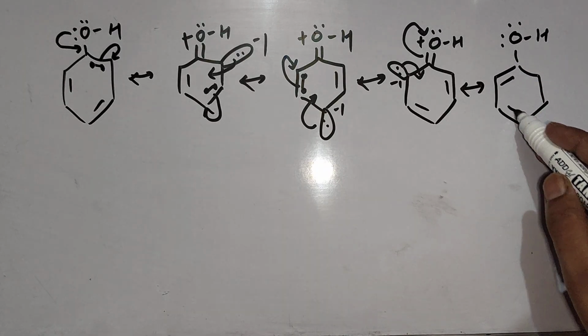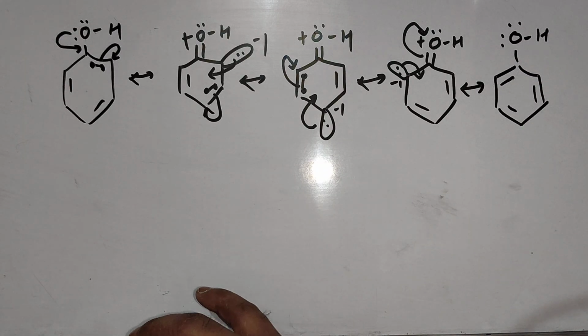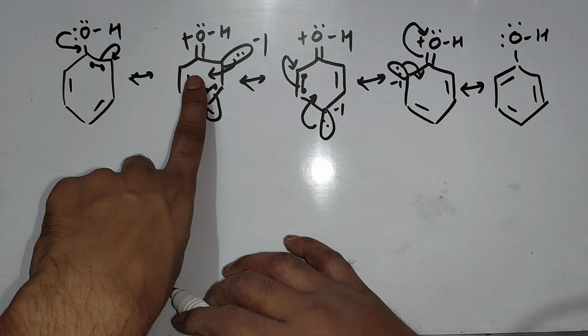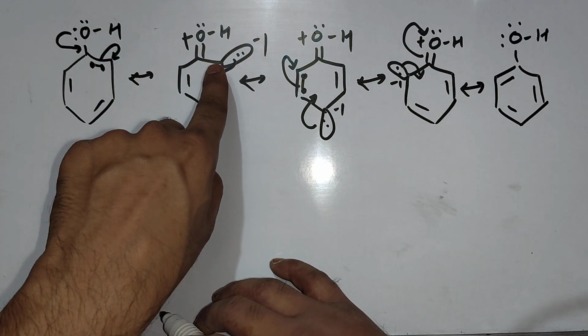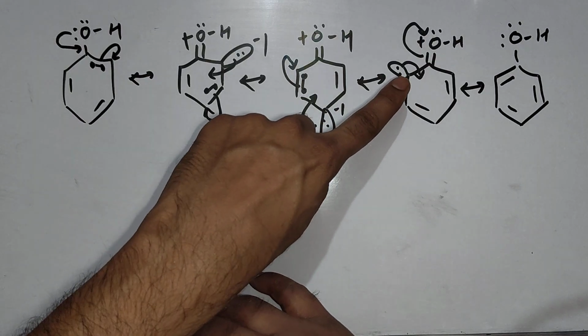This is the resonance of phenol. Due to this resonance, you can check benzene ring is occupying extra electrons on which positions? Ortho, para, ortho.